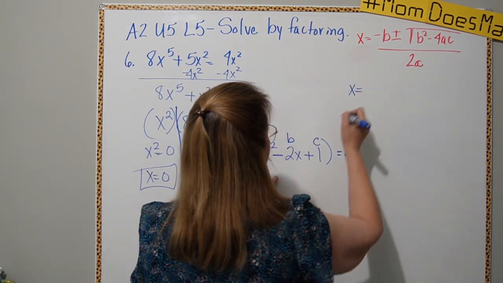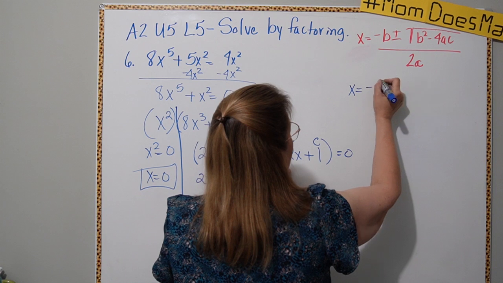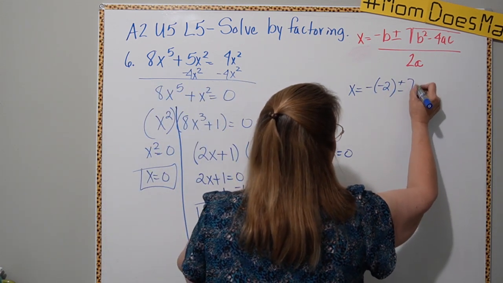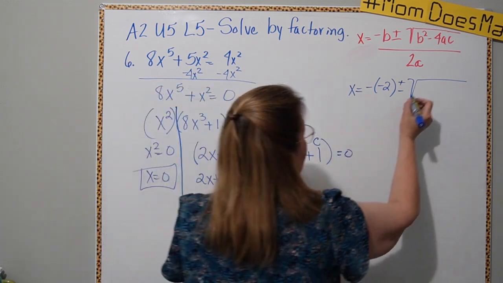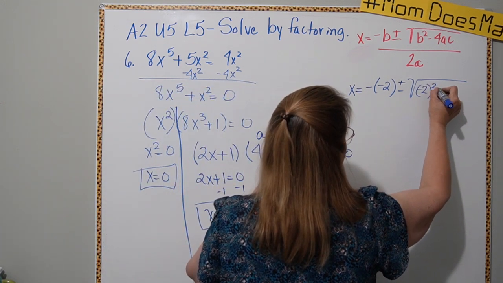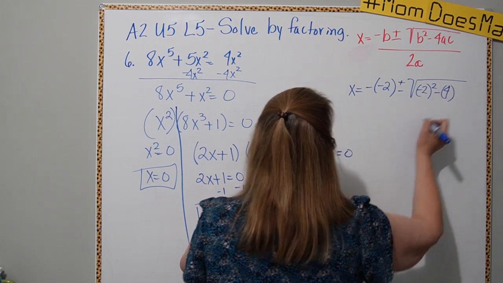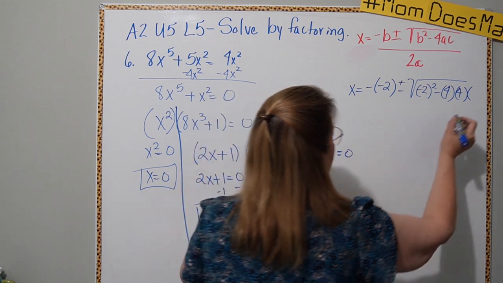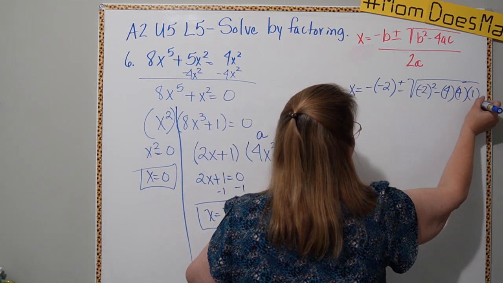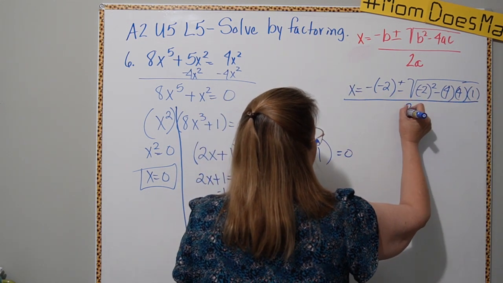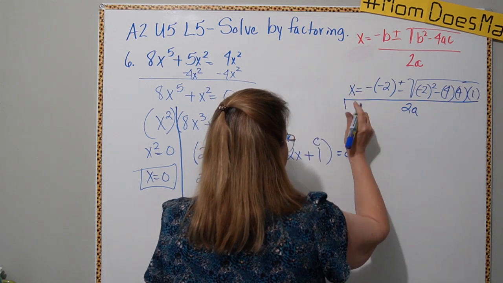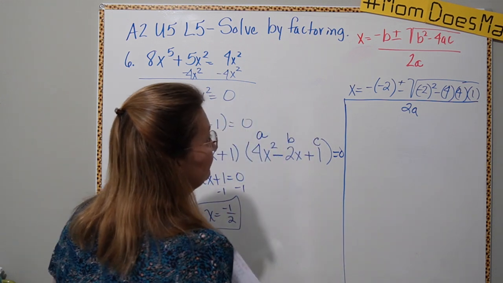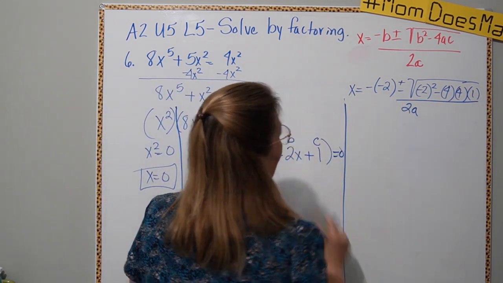So I have x is equal to negative b, which is negative of negative 2, plus or minus the square root of b squared, where b was negative 2, so negative 2 squared minus 4 times my a, which is 4, times my c, which is 1, all over 2a. And let me see if I can move over some so we don't get our work confused here.